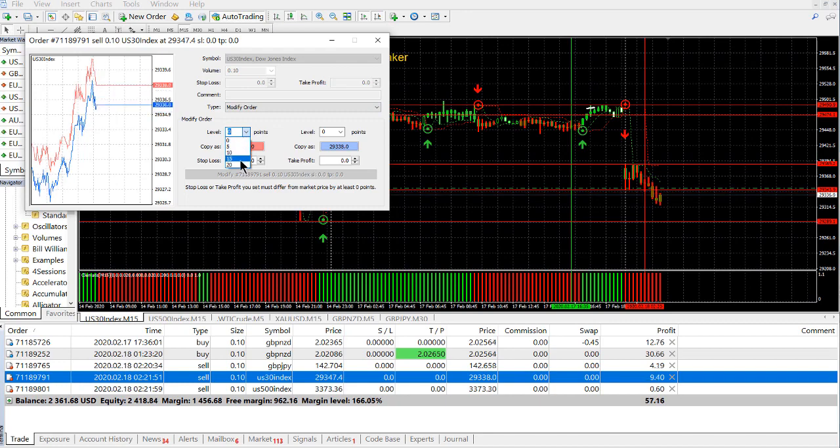And the thing is, with the indices, these are in points, so you have to add an extra 0 even when you're using currency pairs. But when you're using indices, you actually have to add an extra 0 on top of that, because now with the indices we're not trading in pips, we're trading in points.